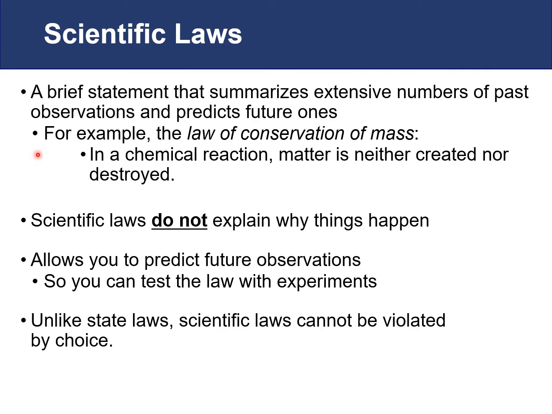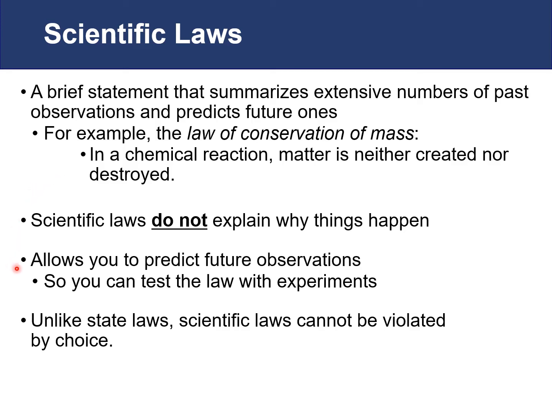So in our example of the law of conservation of mass, there is no explanation for why matter is neither created nor destroyed. It is just a summary of a large set of data, right? In all the experiments that have been done from Lavoisier all the way up until now, the mass of our substance, if it's done carefully, is the same before a reaction and after a reaction.